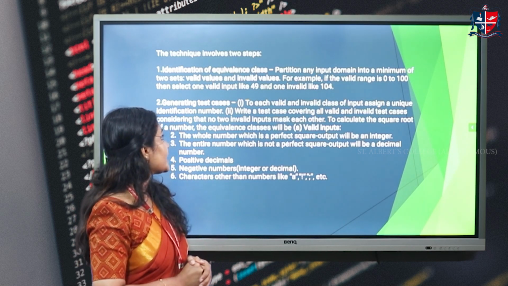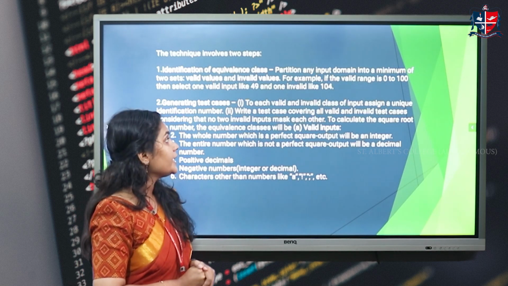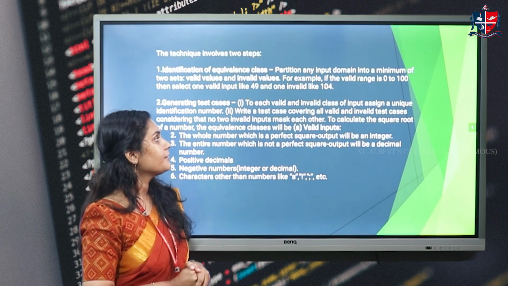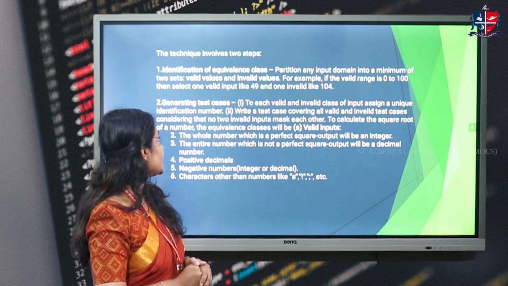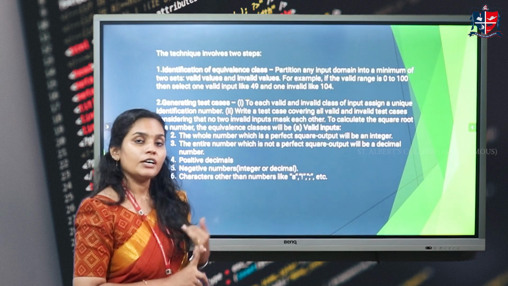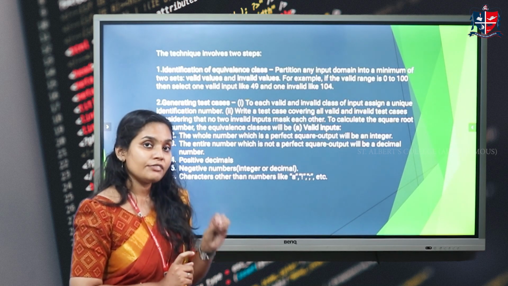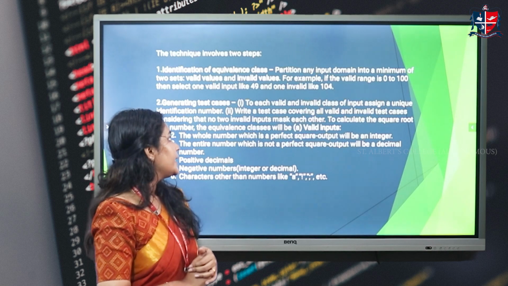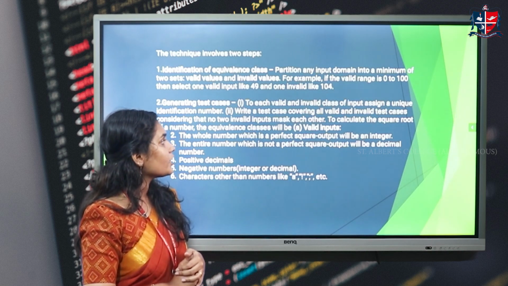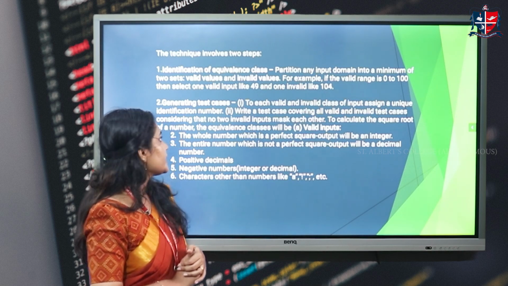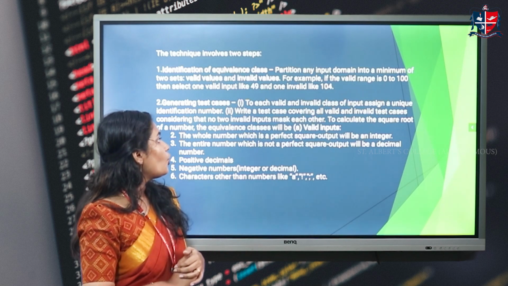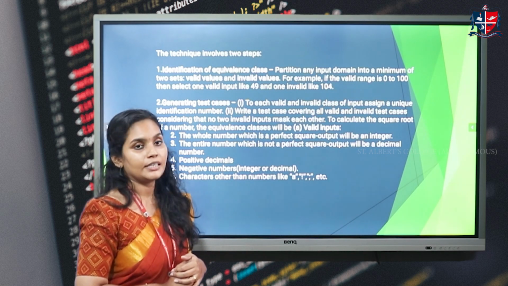And next one is generating test cases. To each valid and invalid class of input, assign a unique identification number. First, you assign a unique identification to each valid and invalid class. Next, write the test cases covering all valid and invalid classes, considering that no two individual inputs mask each other.